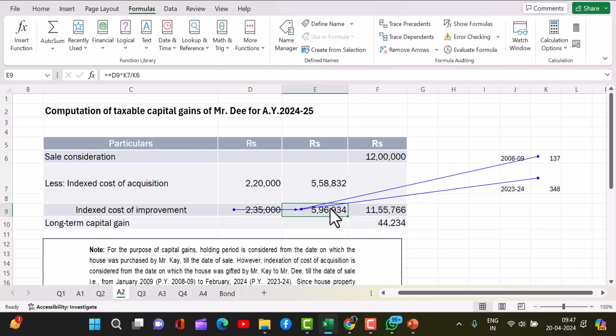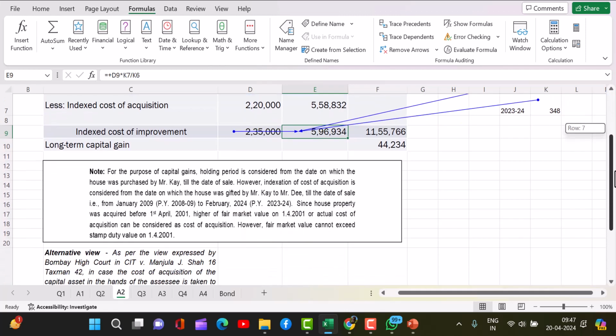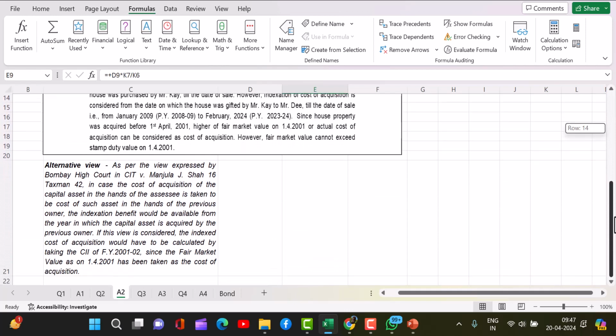The law says, the departmental view is that the year in which the property was gifted needs to be counted. But of course, we can take the view of the judgment here. Just read this, Kishore.